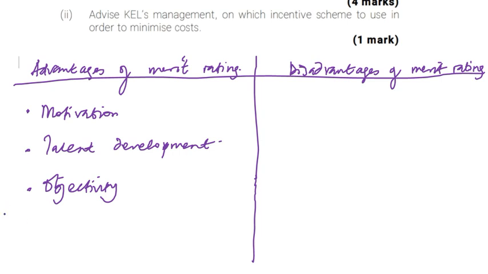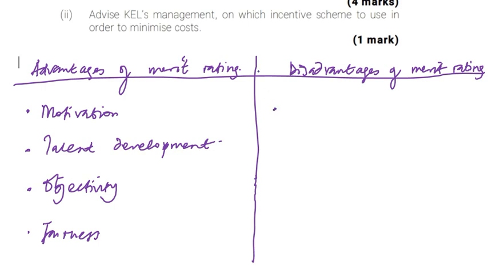Then of course you expect fairness. This can also be an advantage of merit rating: fairness. It can promote a culture of fairness and transparency in the organization by rewarding the employees based on their performance. But however much it comes with advantages, there are also disadvantages when it comes to merit rating.